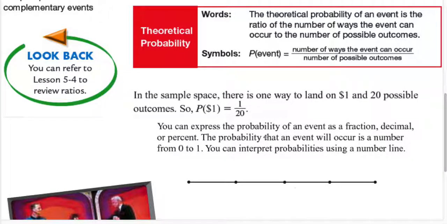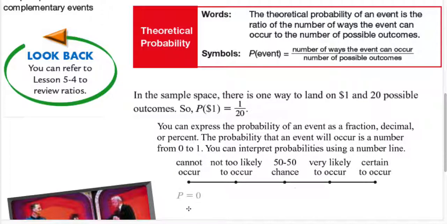You can express the probability of an event as a fraction, a decimal, or a percent. The probability that an event will occur is a number from 0 to 1, not greater than 1 and not less than 0. You can interpret probabilities using a number line. If the probability is 0, the event cannot occur.